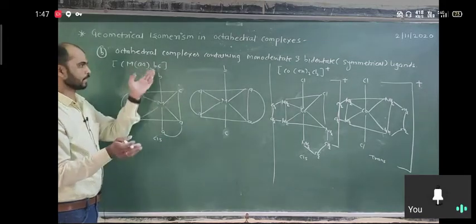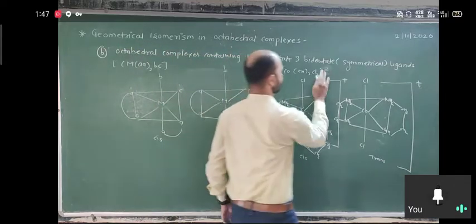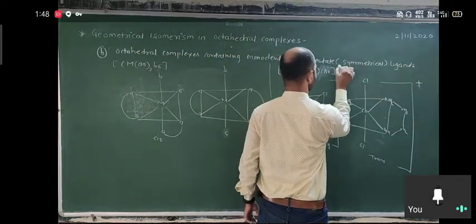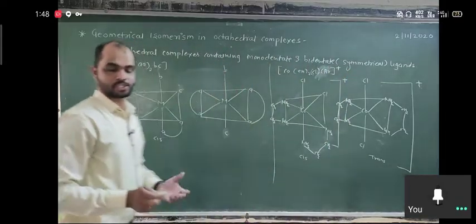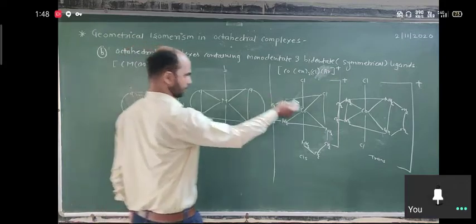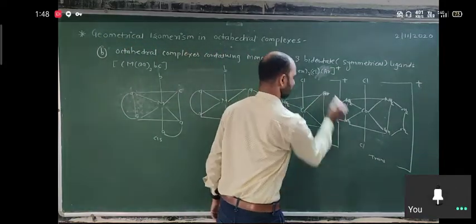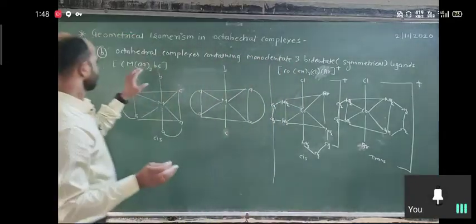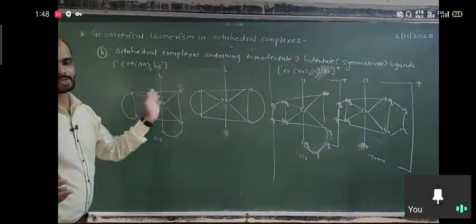Again they are different, B and C. For example, just replace the example here with Cl and Br. Instead of two Cl, one Cl and one Br is used. So we just replace here Br and here Br. We get the same structures for MAA2BC and MAA2B2.